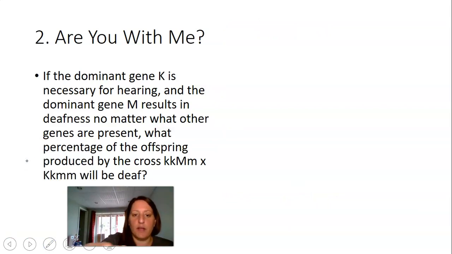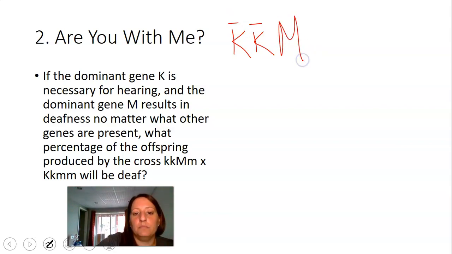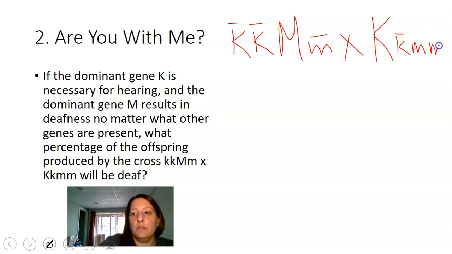Okay, so let me erase this, and let's go ahead and do the cross. We've got little k, big M, little m, mating with big K, little k, little m, little m.